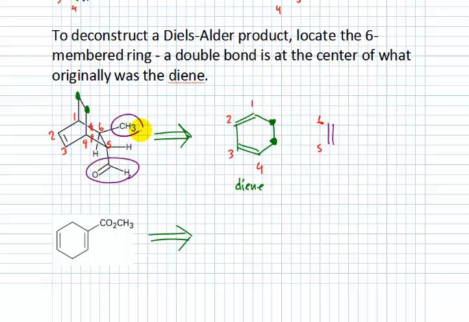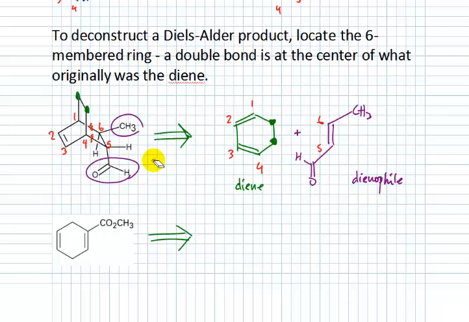So all you have to do is draw them trans to each other in the dienophile. Doesn't really matter which direction you go, just as long as you make them trans to each other. There you go. So if I took this diene, reacted it with this dienophile, this right here would be the product we would get.